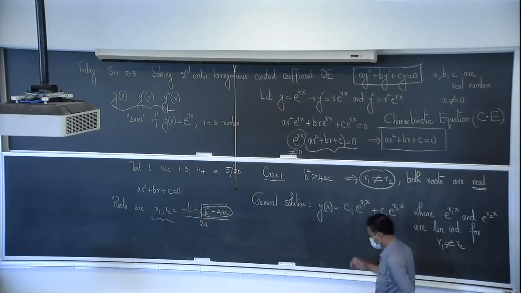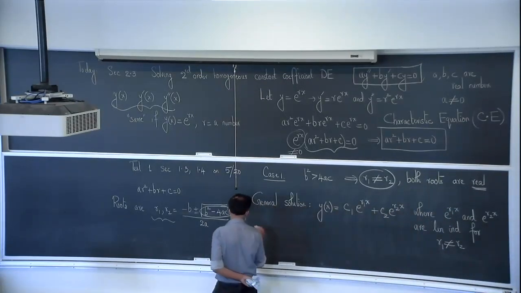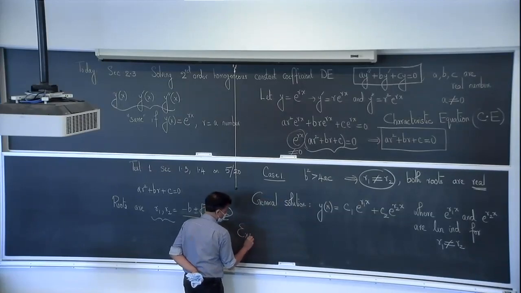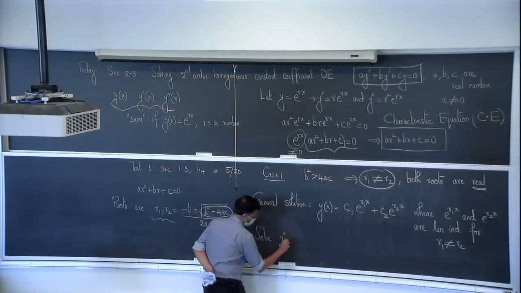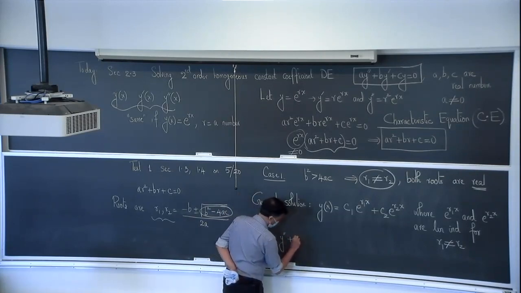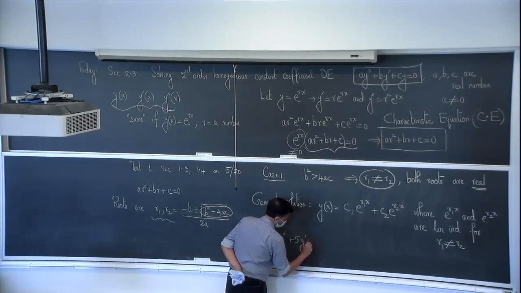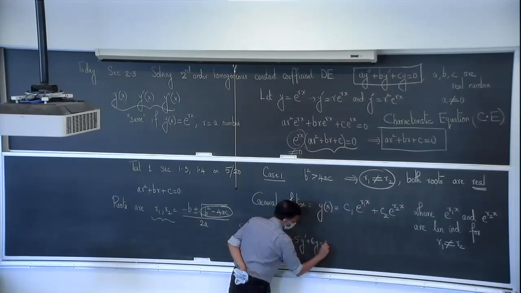All right, so let's do that example we did on Thursday. Just a quick example. Write the general solution for y double prime plus 5y prime plus 6y equal to 0.